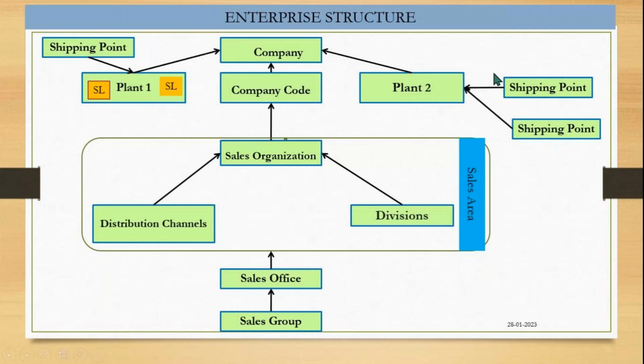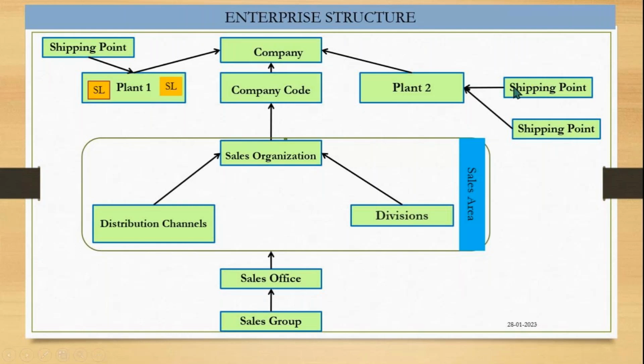See, shipping point means whenever you are sending a material to the outside, that is a shipping point. When you are taking return goods or inbound deliveries, we have two types of deliveries: outbound deliveries and inbound deliveries. Outbound means for the sales order you are sending a material to the outside. For that, to send the material outside, we need a shipping point.